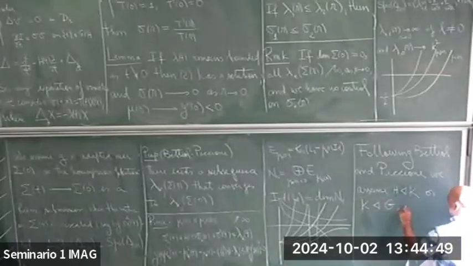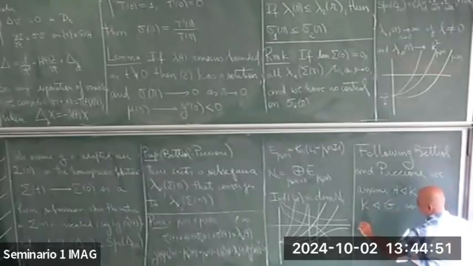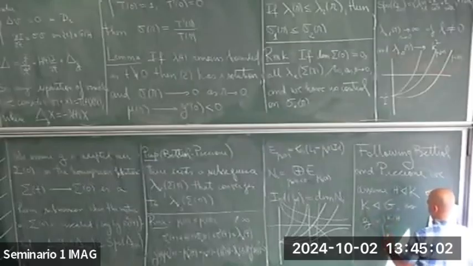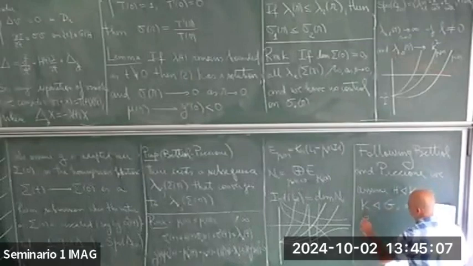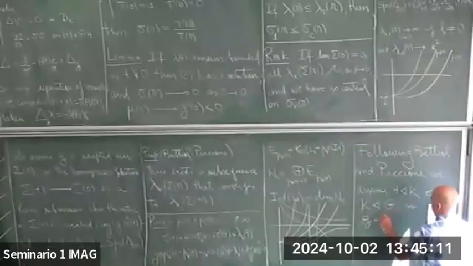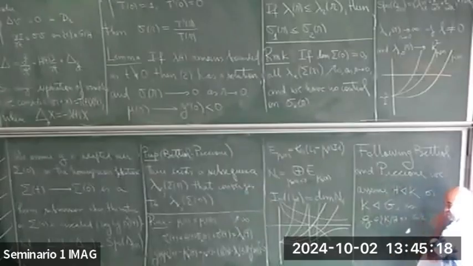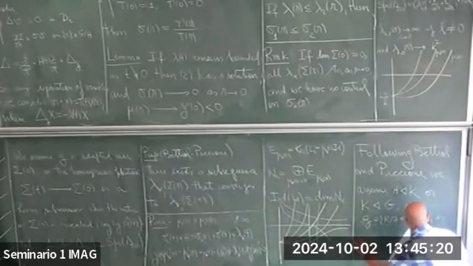So G, this nice G, will be the quotient, G over K, right? It is a group. Remember?